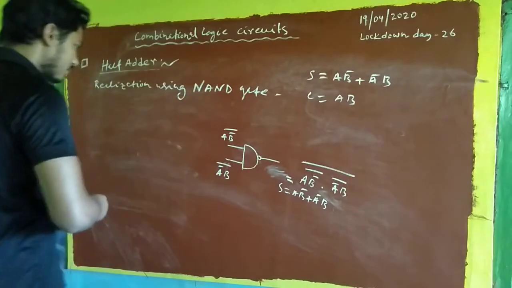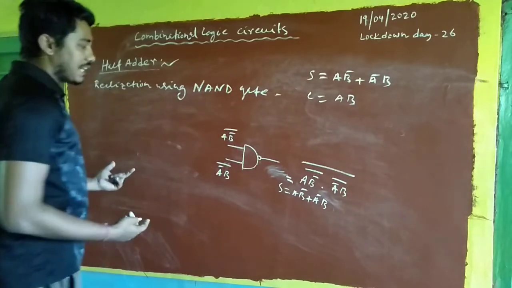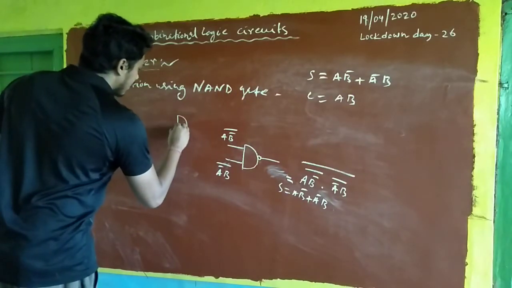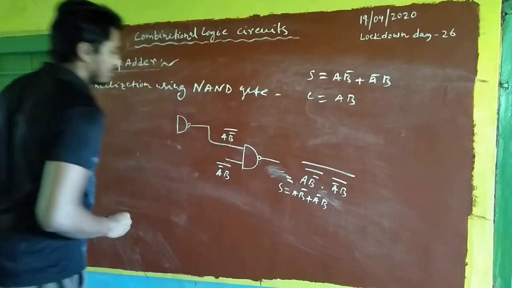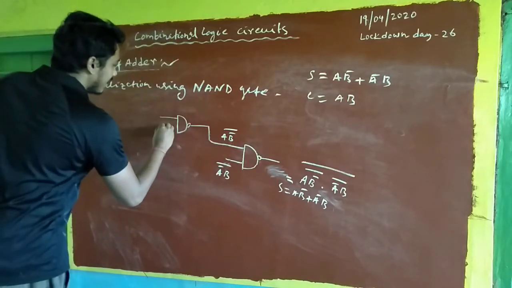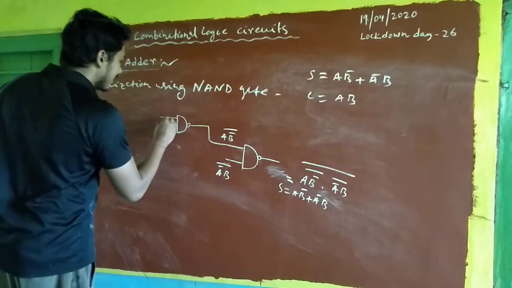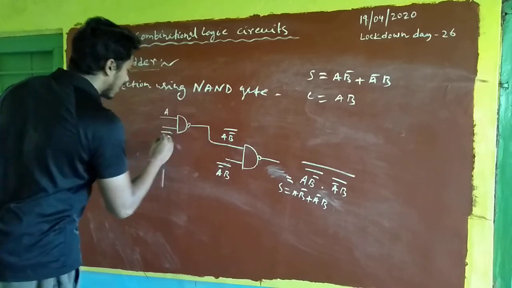Now this expression we can draw using NAND easily. So if we write, the two inputs are A and A B bar.